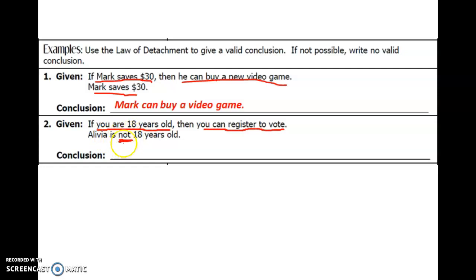Because not does not match you are 18, Olivia is 18. Because those are not the same, I cannot draw a conclusion because our P part of our statement is not true. So no valid conclusion can be confirmed. So the law of detachment says I have an if-then, and the hypothesis, the first part, must be true. If not, we can't draw a conclusion.